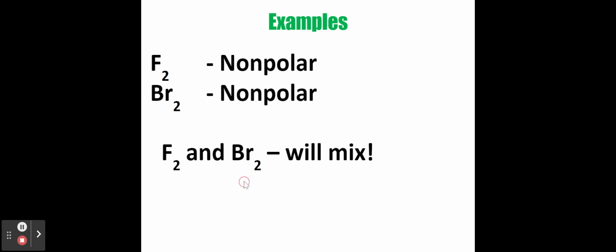Both fluorine atoms have the same electronegativity, so they're going to be sharing the electrons equally. So both are nonpolar. Okay, so what does that mean? Well, they're going to mix. Like dissolves like, mixes with like. So because these are both nonpolar, they're going to mix.